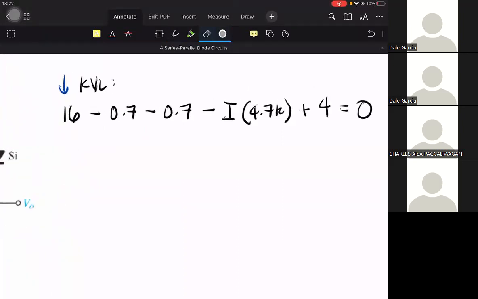So 16 minus 0.7 minus 0.7 minus I times 4.7 plus 4. That's 18.6 divided by 4.7, which is 3.96 milliamperes.